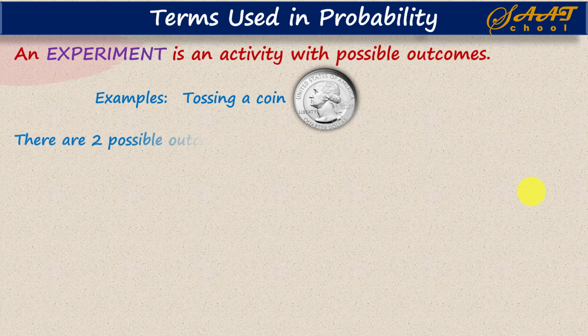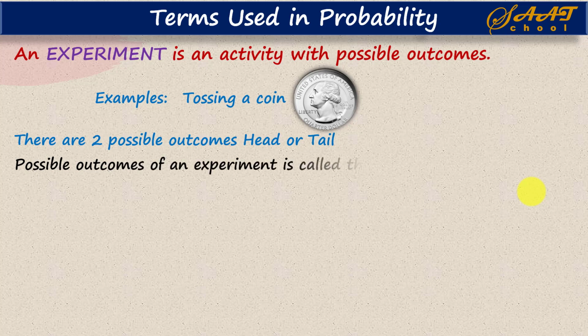Now when you toss a coin, there are two possible outcomes that we know, which are head and tail. Those possible outcomes in probability are called the sample space. Again, an experiment is an activity, and that activity always gives some possible outcomes.